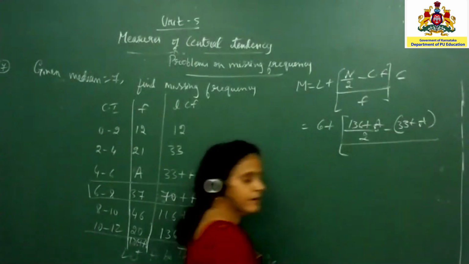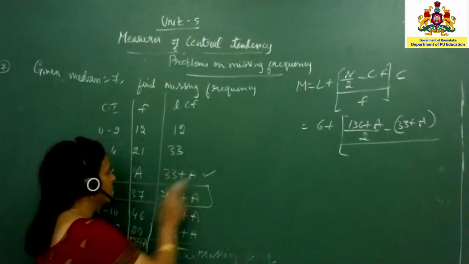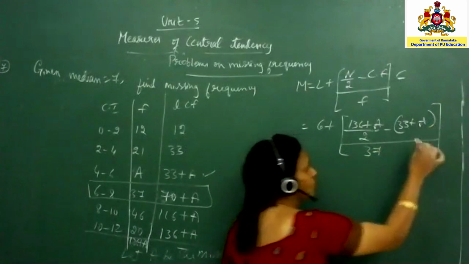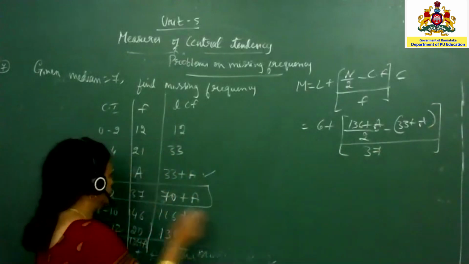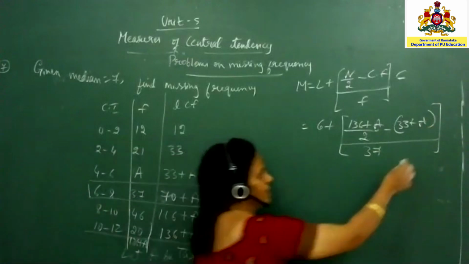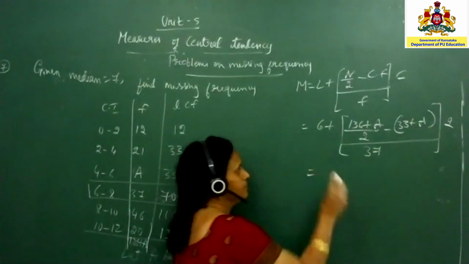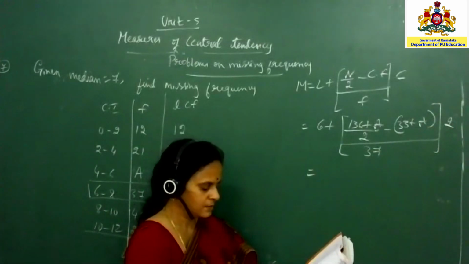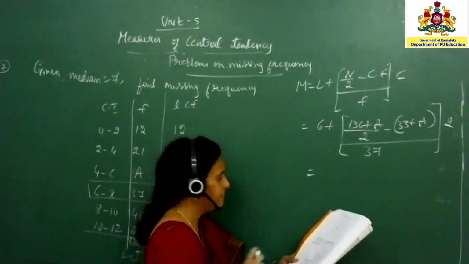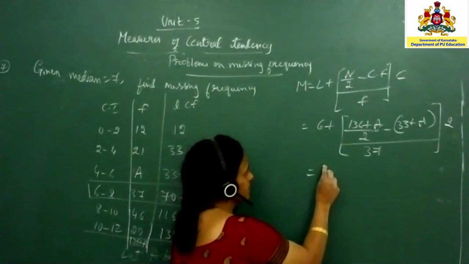You should be careful. Okay, divided by what is here? f is 37. Okay, what is c? c is the width of the class interval. So here 6 to 8 means 8 minus 6 is 2. So I'll just take the 8 into 2. Okay, so with this, I'll just go on with the simplification. So if I simplify, I'll be getting 6.